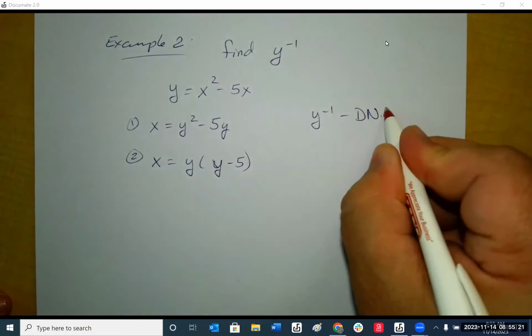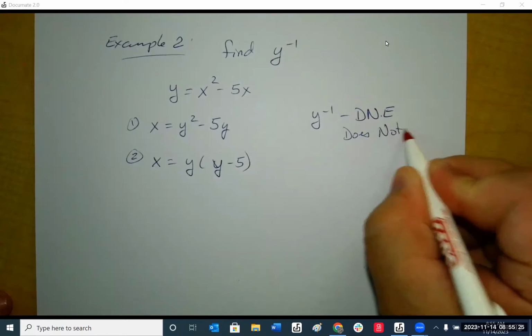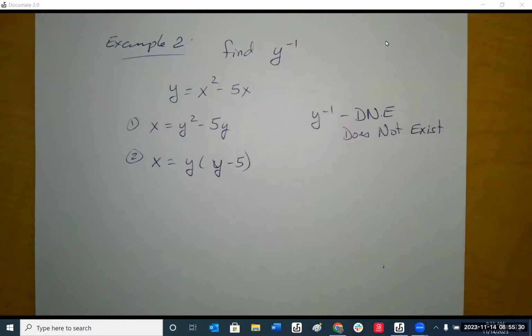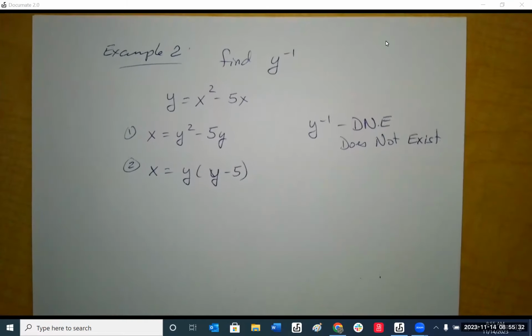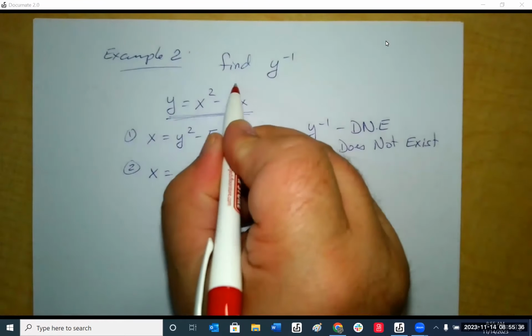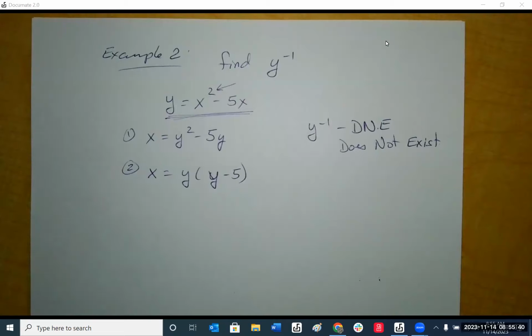The inverse does not exist. Again, what's the degree of this polynomial? 2. It's even. So we know automatically, without even trying to do any work, it's not going to work.